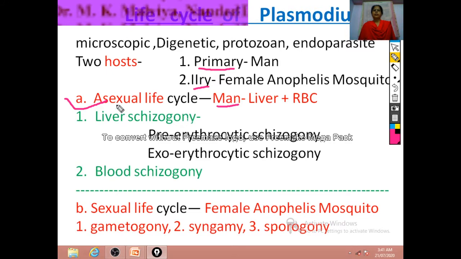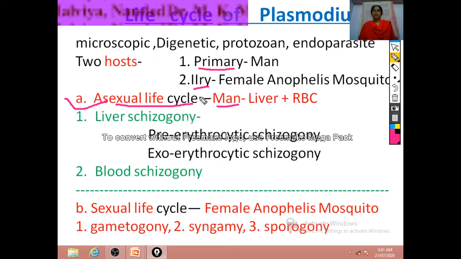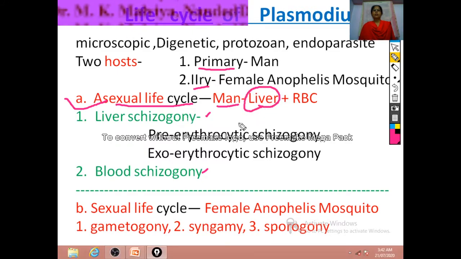What happens in the asexual life cycle? I will tell you that the asexual life cycle occurs in two ways. One is called liver schizogony and the other is blood schizogony. Why do they have these names? Because liver schizogony occurs in the liver of man.